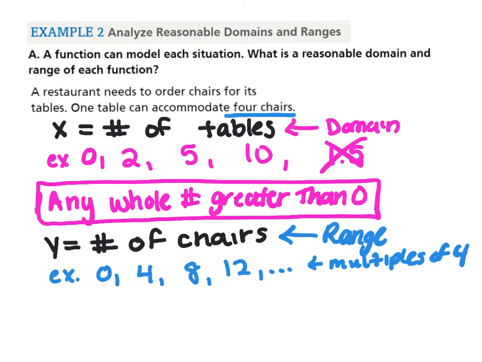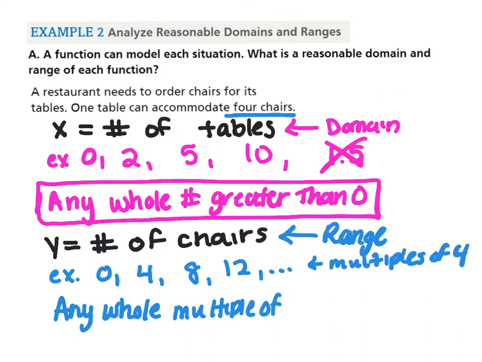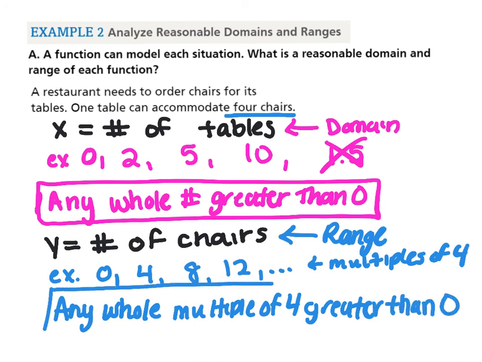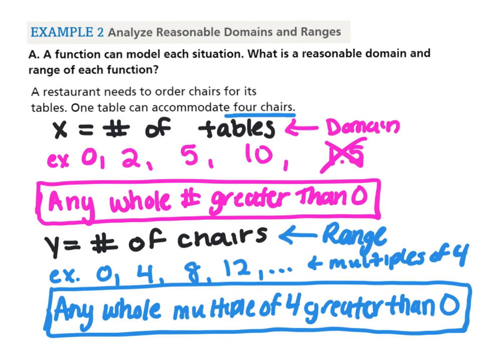However, there isn't an upper limit of this. So this means that my range is any whole multiple of 4 greater than 0. Because I can't have a negative number of chairs. However, since I have at least 4 at every table, it's going to be some sort of multiple of 4.